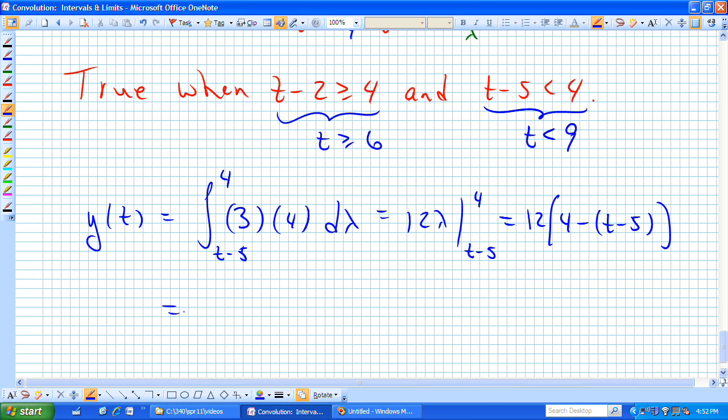If we clean this up a little bit, we have minus 12t plus 12 times 9, which is 90 plus 18, or 108. There's y of t, and that's going to be true for t greater than 6 and less than 9.